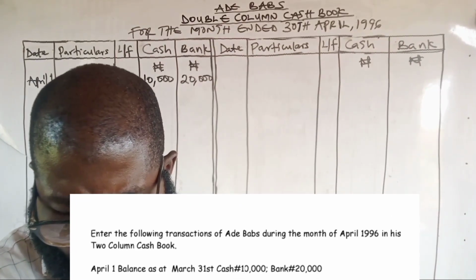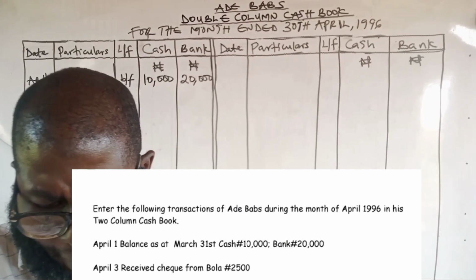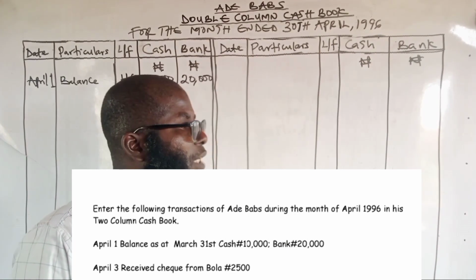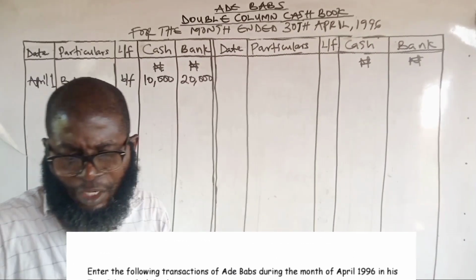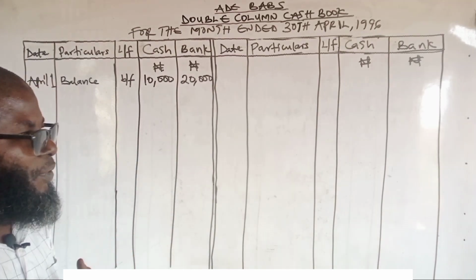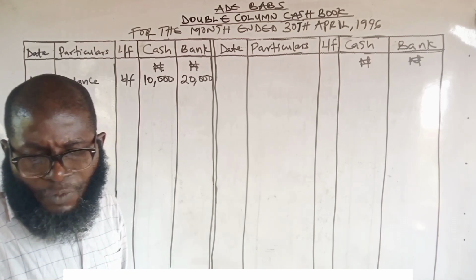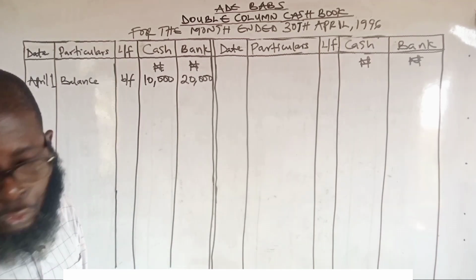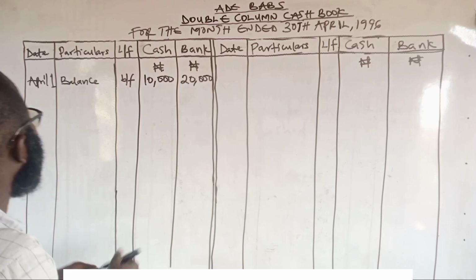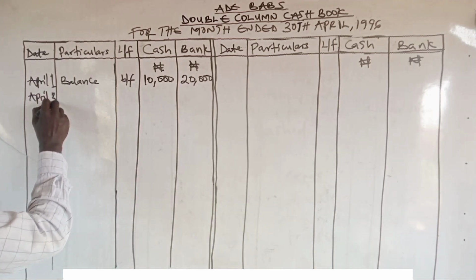Then, the second entry, April 3rd, received cheque from Bola, 2,500 naira. If you look at that question very well, I'm the one bearing Adebabs, meaning that I received a cheque from Bola, 2,500 naira. In that case, I will come here, April 3rd.